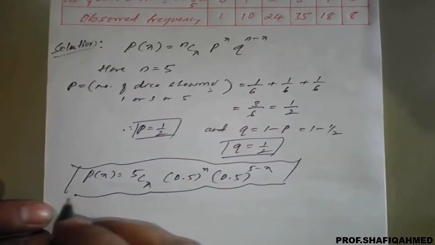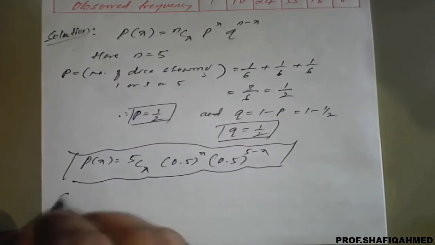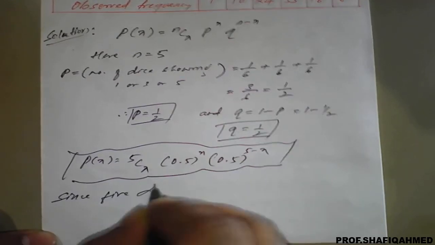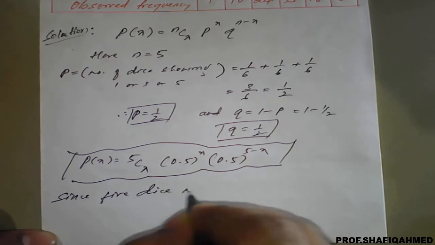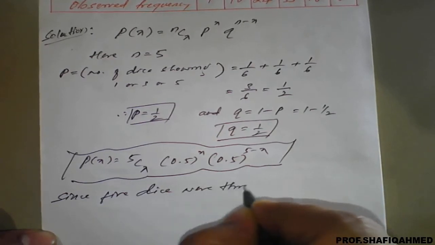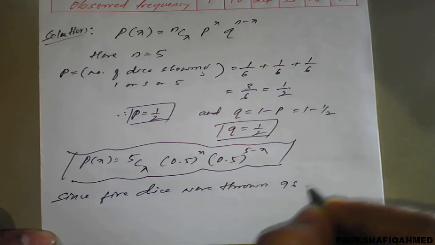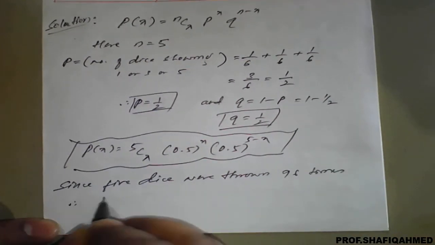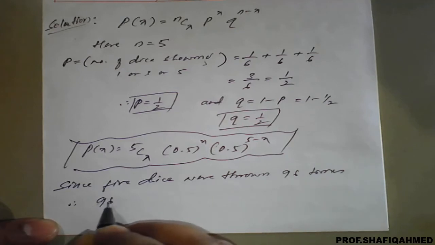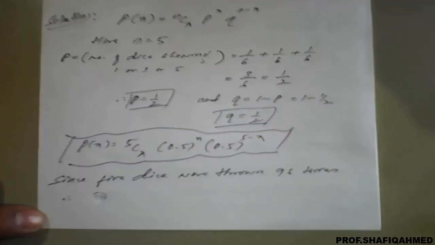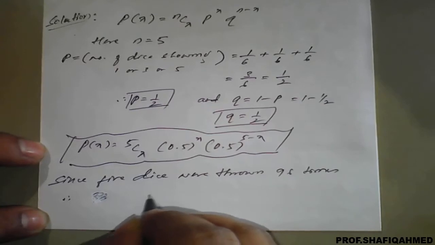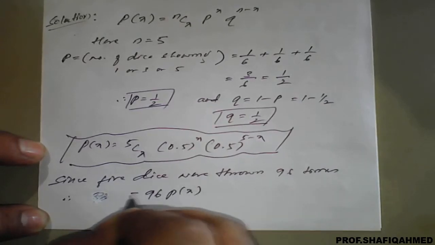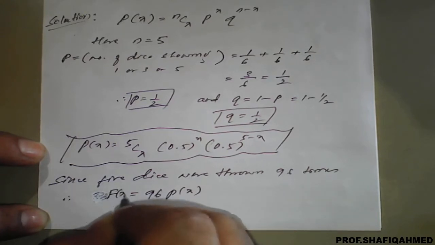Since five dice were thrown 96 times, 96 times p of x we will consider as capital F of x.